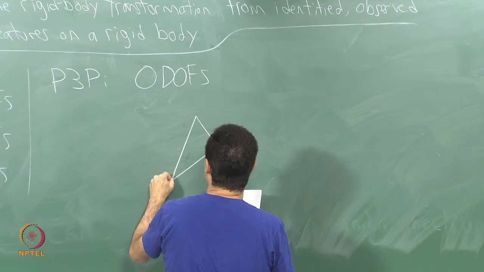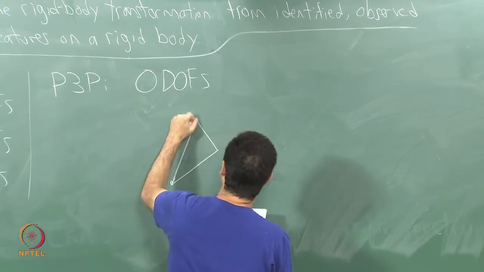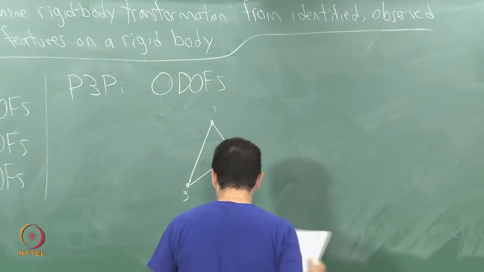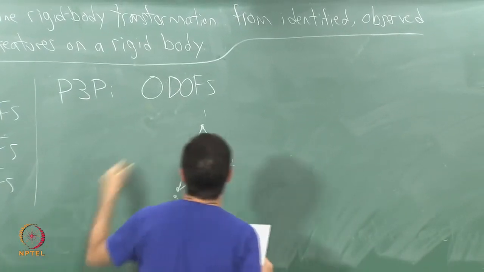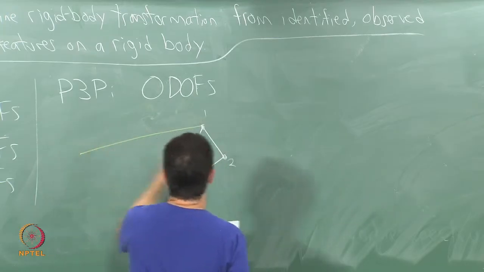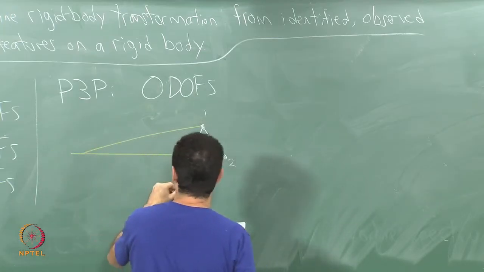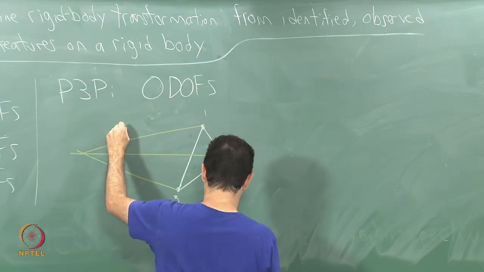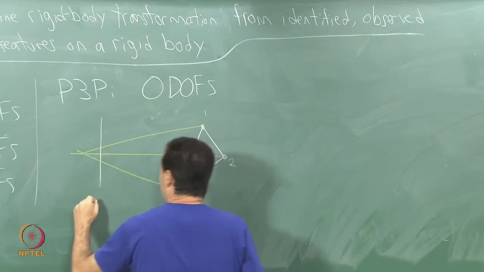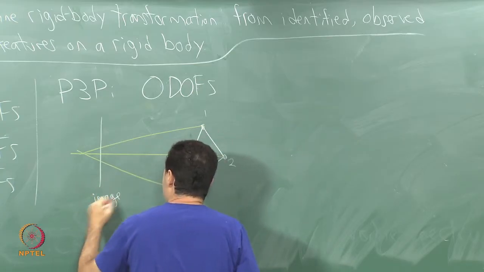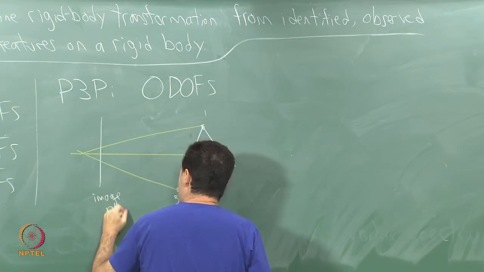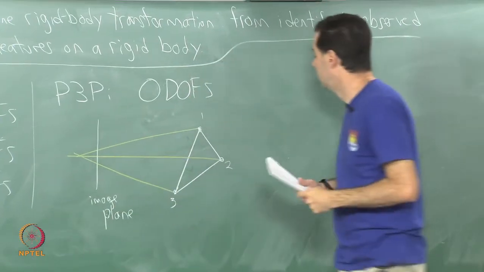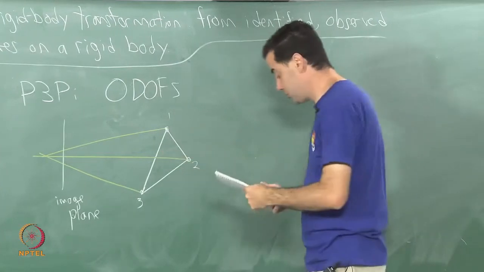Imagine a rigid triangle that has the features on the corners, 1, 2, 3, and then these are all being observed in some image. So I'll try to make these lines all meet here. So there's an image plane where these are being observed. So I get these 3 points observed in the image.